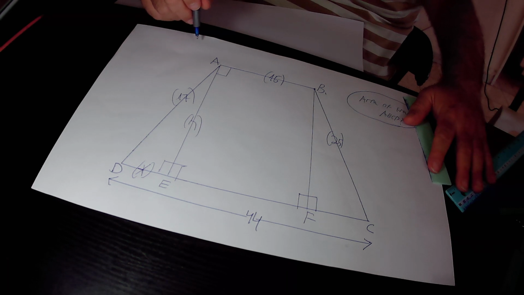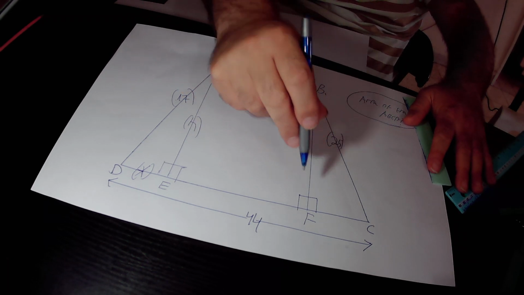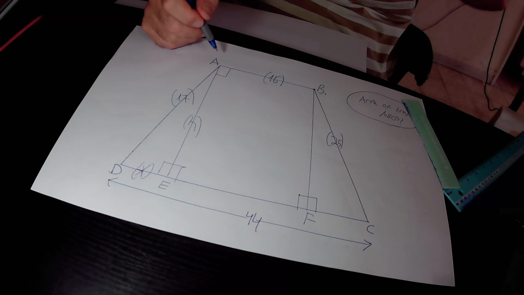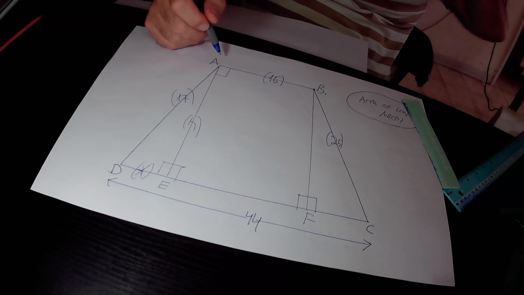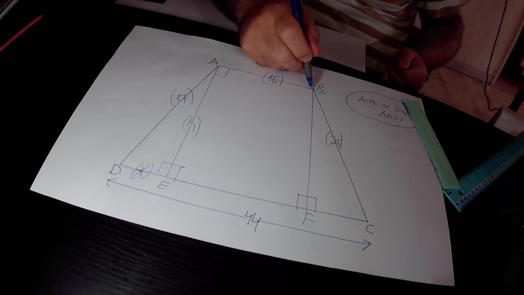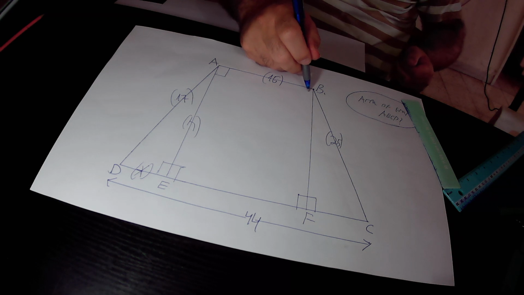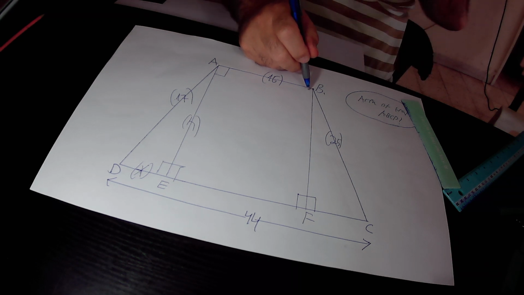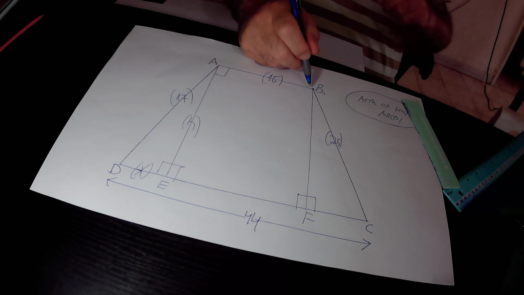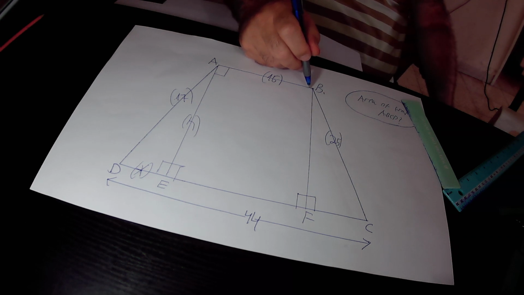So inside quadrilateral ABFE we have 1, 2, 3 right angles. The sum of 3 right angles is 270 degrees. So 270 degrees plus the size of this fourth missing angle, in total they must be equal to 360 degrees, according to the rule that states that the sum of the angles in any quadrilateral is equal to 360 degrees.